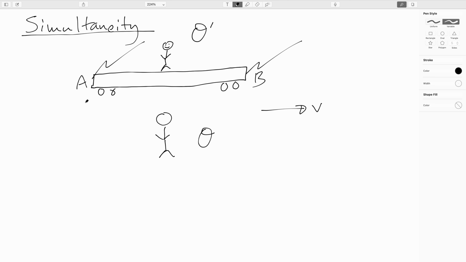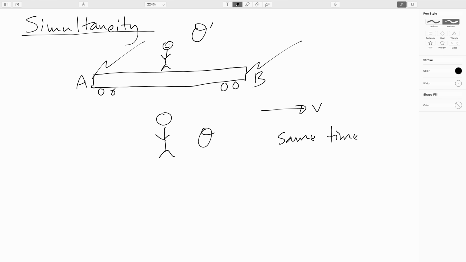And so you can observe that these must have happened simultaneously, or at the same time, because you're equidistant from both flashes. So you know light took the same amount of time to travel from A to you and B to you. So you conclude then that the two lightning bolts struck at the same time.